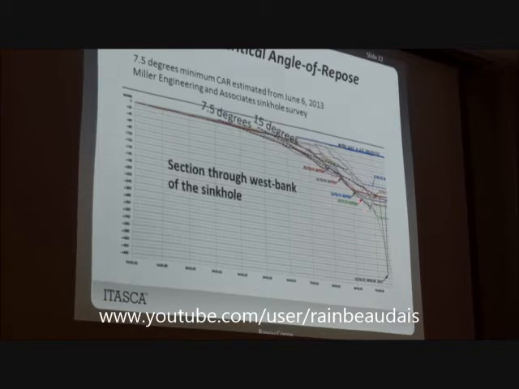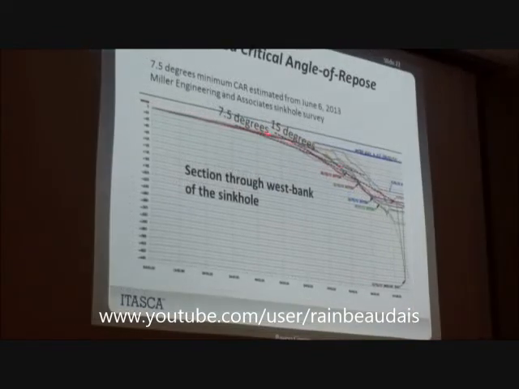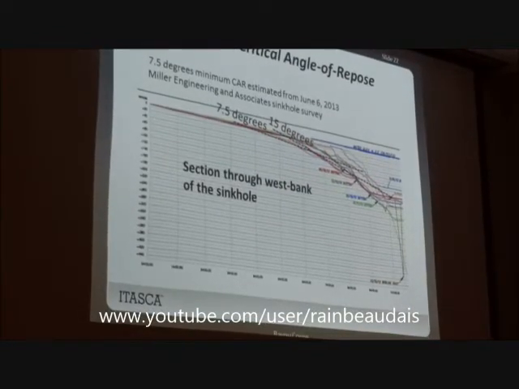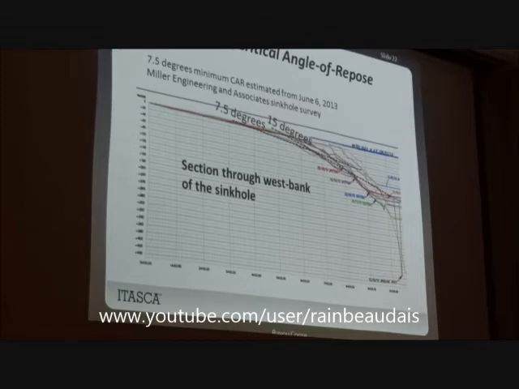And it is, within the sinkhole inner part, if you like. But the outer bank's 15 degrees in places and down to 7.5 degrees in other places. And this is something that we'll be watching through time because we want to understand what this angle of repose is going to eventually turn out to be.